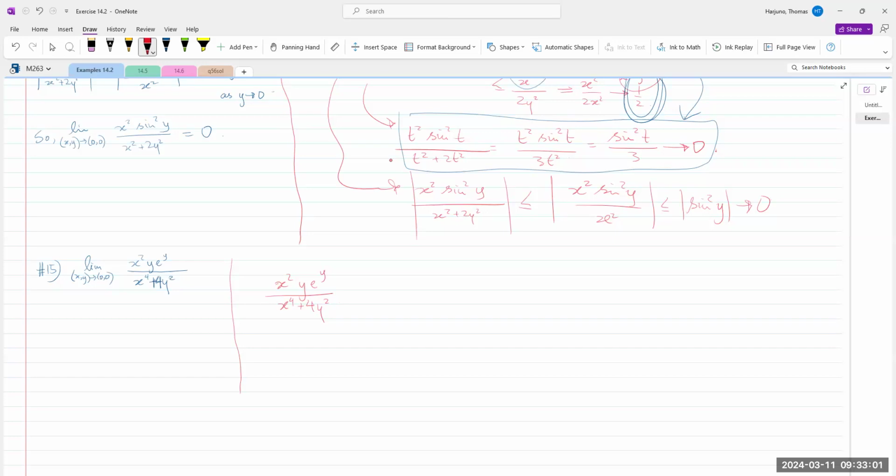This is bounded above by x squared y e to the y over x to the 4th. This is bounded above by y e to the y over x cubed.